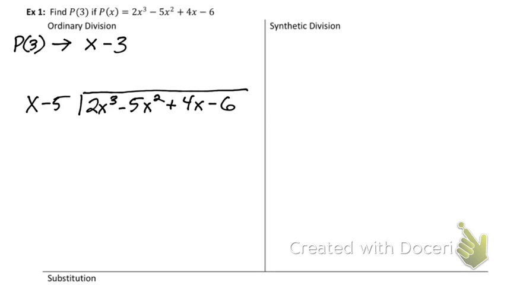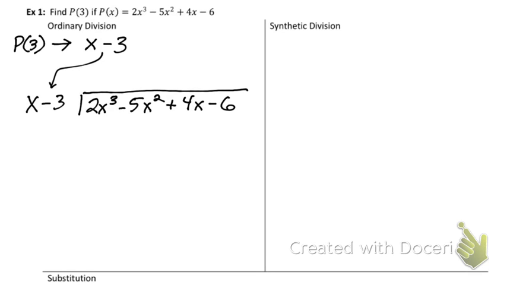I don't know where I got that x minus 5 from, honestly. That is a great question, because that should be x minus 3. Once again, to get p of 3, I'm going to divide by x minus 3. If this was p of negative 3, then it would be x plus 3. We switched the sign there.